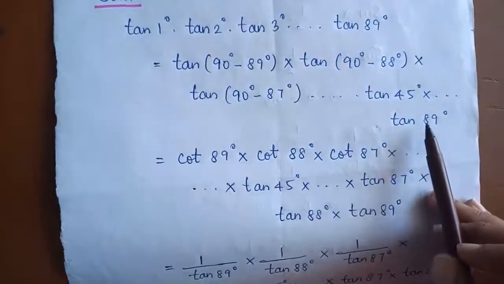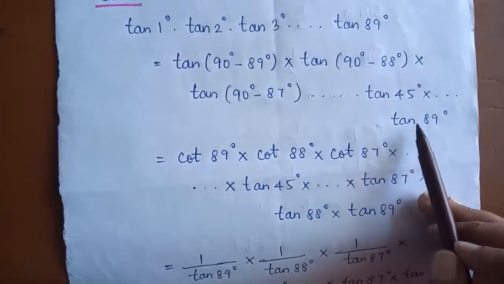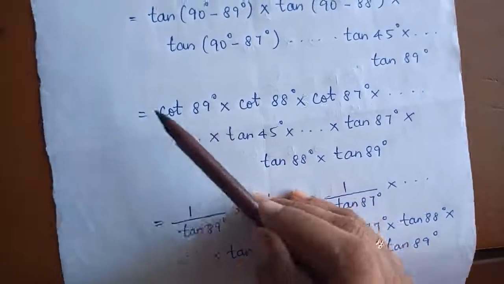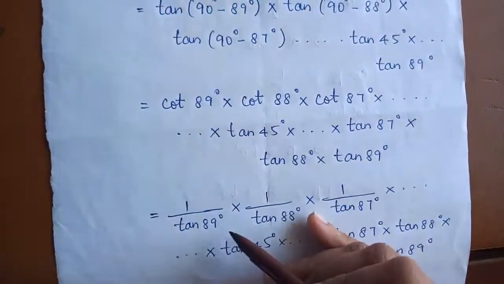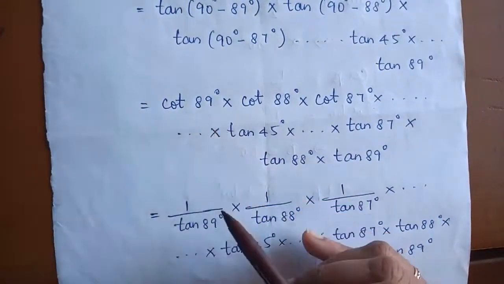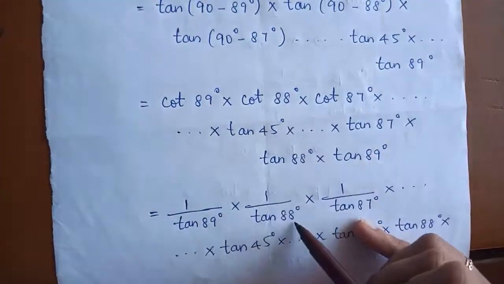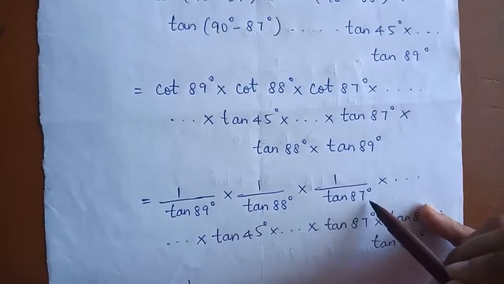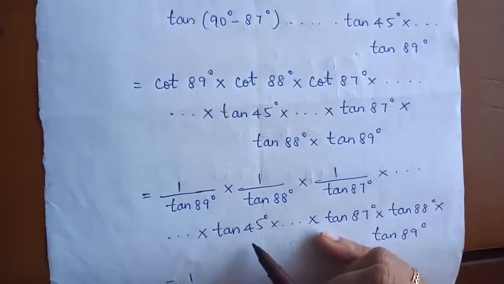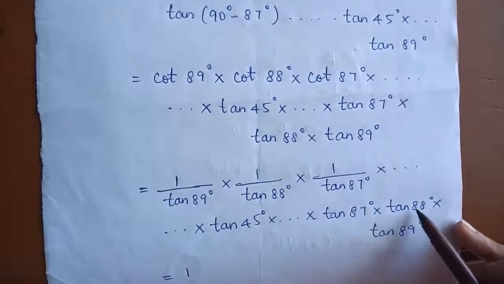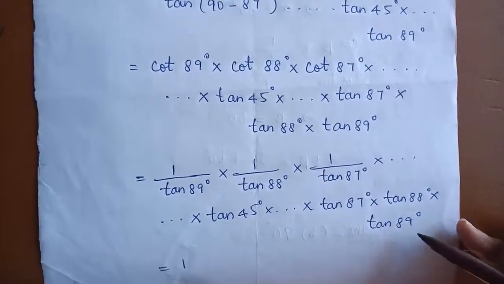We just write before the value of tan 89 degree. So cot theta is nothing but 1 by tan theta. So cot 89 is nothing but 1 by tan 89 degree into 1 by tan 88 degree into 1 by tan 87 degree into etc. up to tan 45 degree into etc. tan 87 degree into tan 88 degree into tan 89 degree.